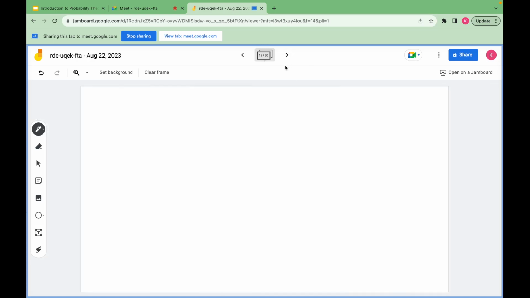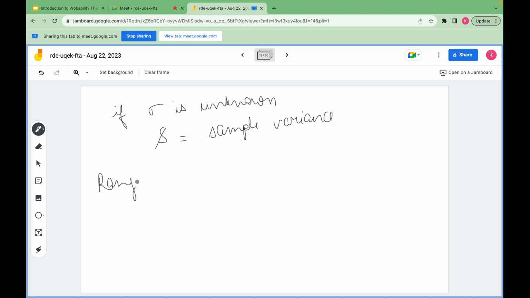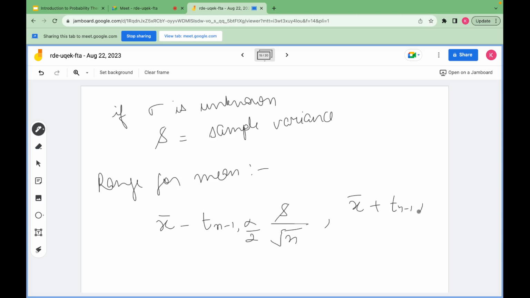Okay, here it is known. If sigma is unknown, we will use the sample variance S to calculate the range for the mean. So the range for the mean will now become x bar minus t n minus 1 alpha by 2 s by root n to x bar plus t n minus 1 alpha by 2 s by root n.